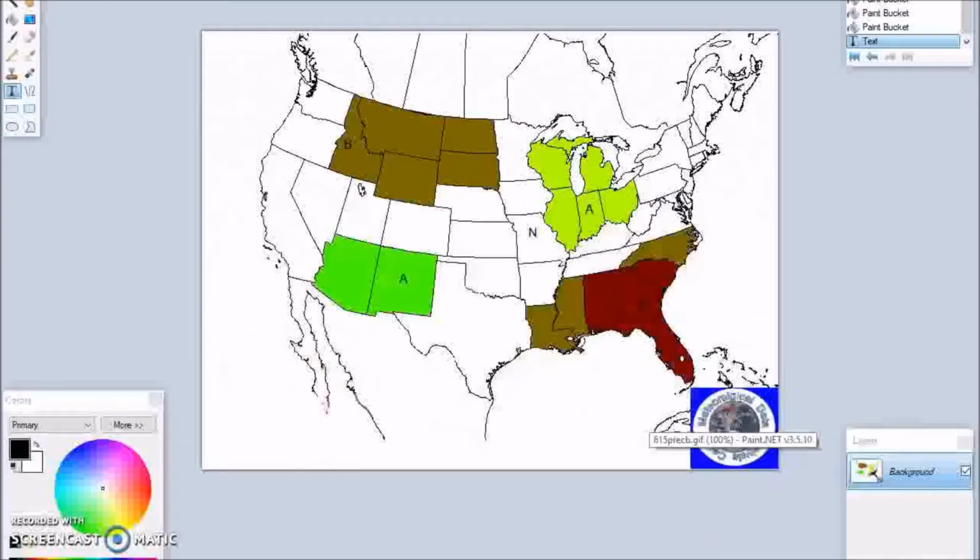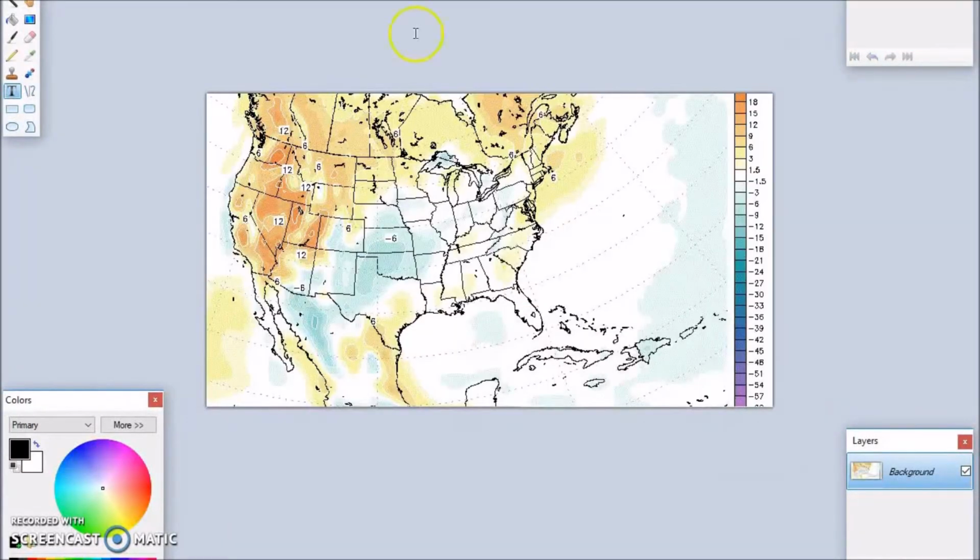So for this forecast period, I am forecasting above normal temperatures for the western U.S. and for the northeast, with forecast anomalies of 6 to 12 degrees above normal, and then below normal temperatures here with anomalies of 4 to 6 degrees below normal.